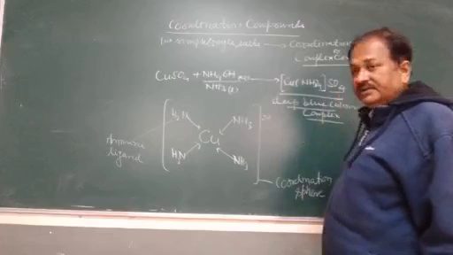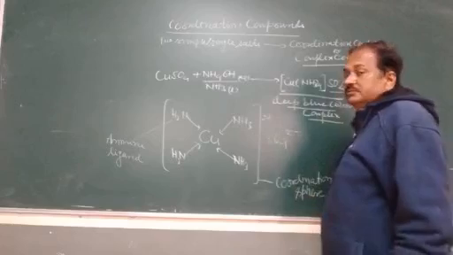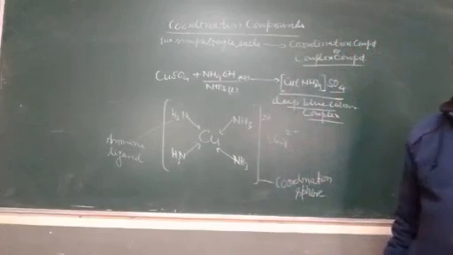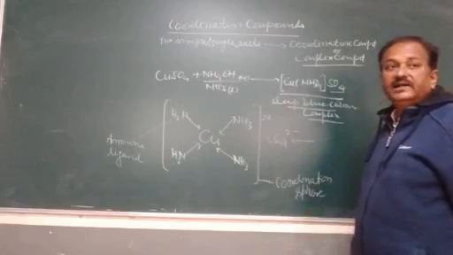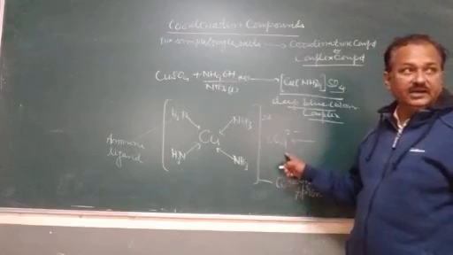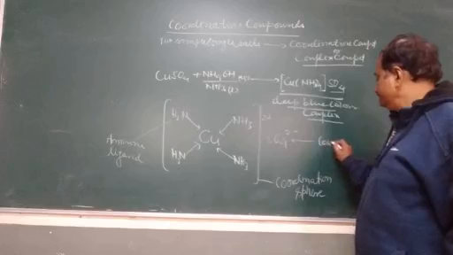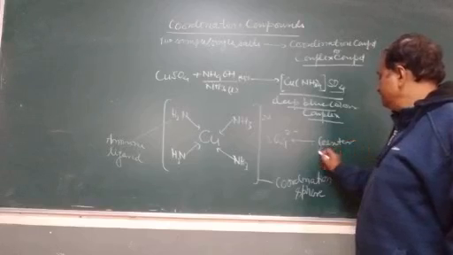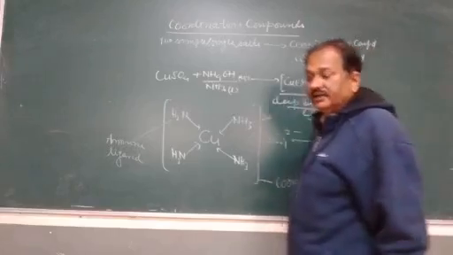Here we have sulfate, SO4 2 minus. This is an ion outside the coordination sphere. It is called the counter anion.